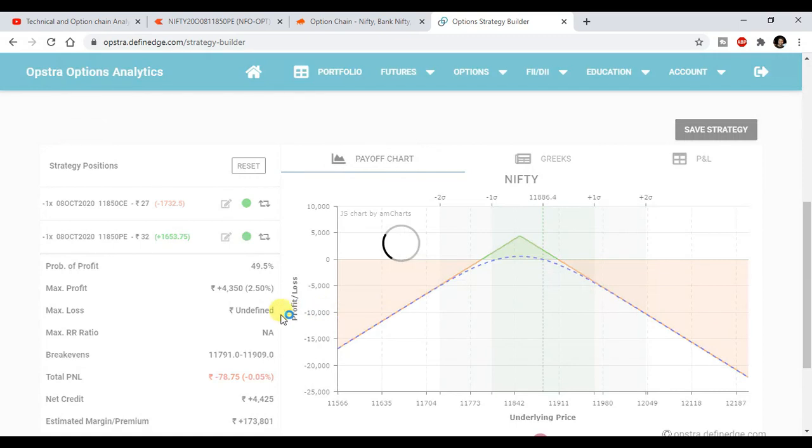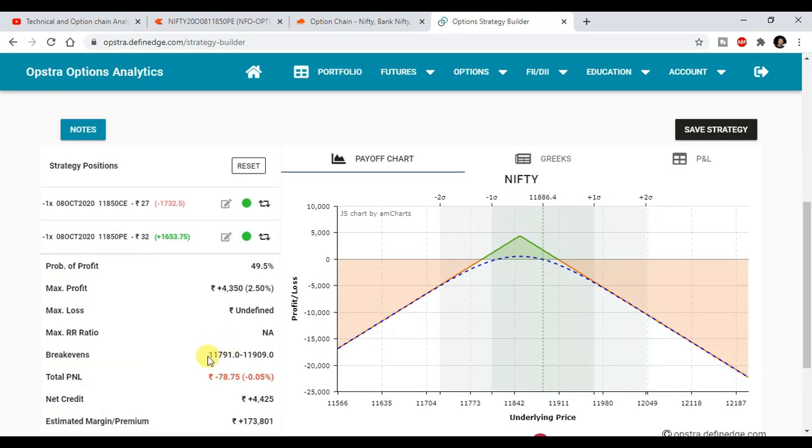You can see the breakeven is 11,791 on the downside, and on the upper side the breakeven is going to be 11,909. At 11,909 our profit and loss is 0, and in the same way on the downside our limit is 11,791.